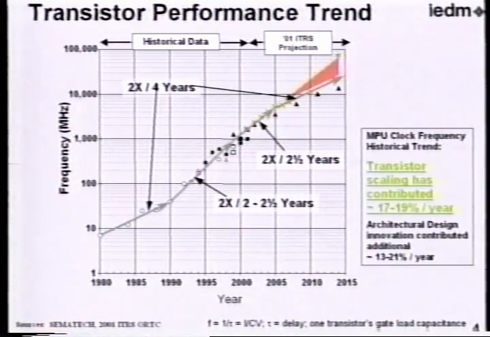If we look at that, the transistor scaling has contributed to the overall improvement at about 17-19% per year, while architectural design innovations have contributed another 13 to 21%. So you get an overall maybe 30% improvement.